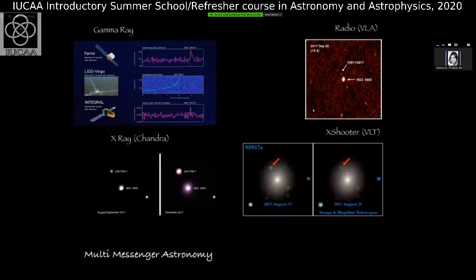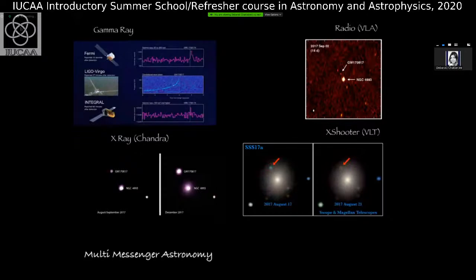This picture summarizes what I just said. So basically, Fermi and Integral observed the gamma ray components of this event. VLA detected the radio counterpart. The X-shooter on VLT also observed the kilonova event, and Chandra observed the X-rays.